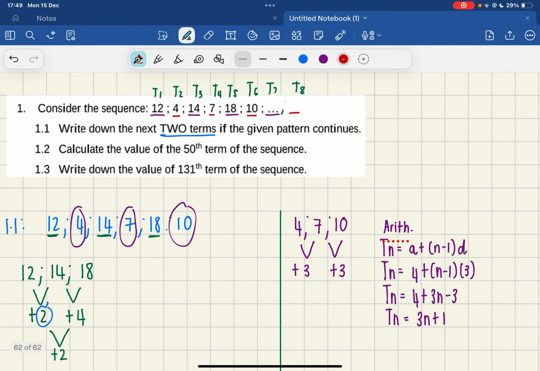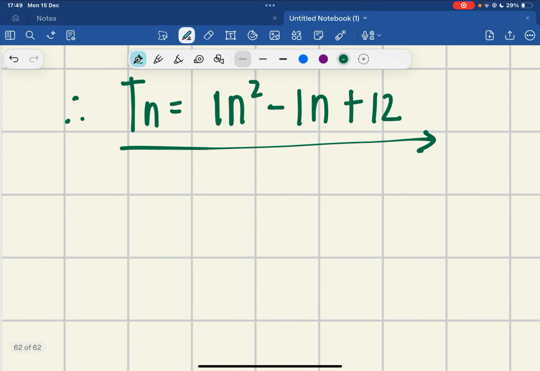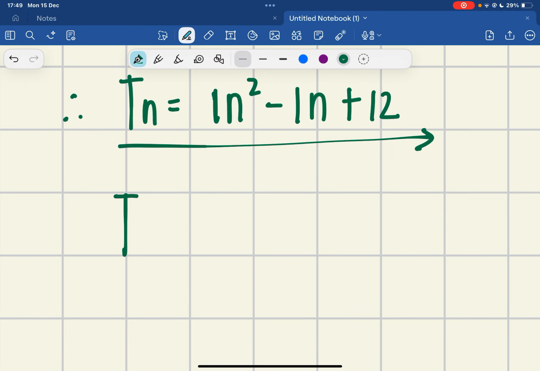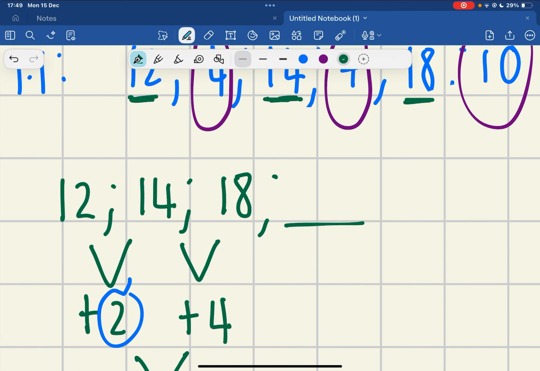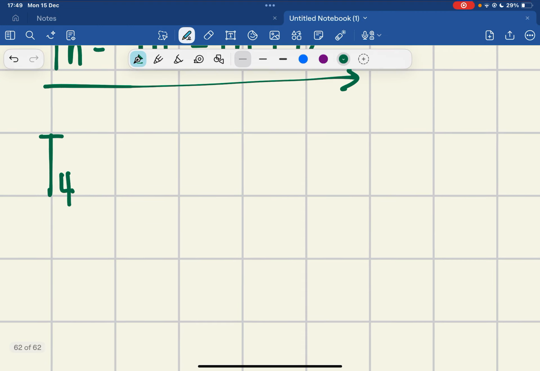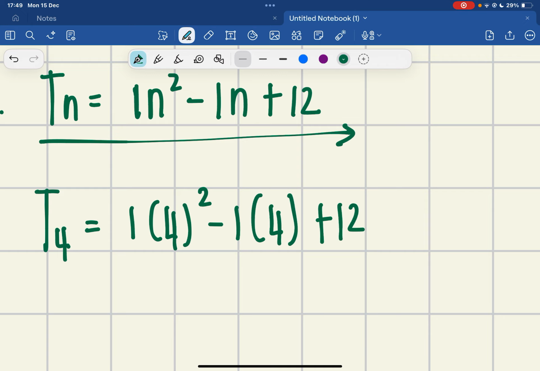Okay, let's first deal with T7. T7 falls under the quadratic one. In this case it is not 7, but we would put it as a 4, because T7 comes after the 18. So we would put 4 squared minus 1 times 4 plus 12.